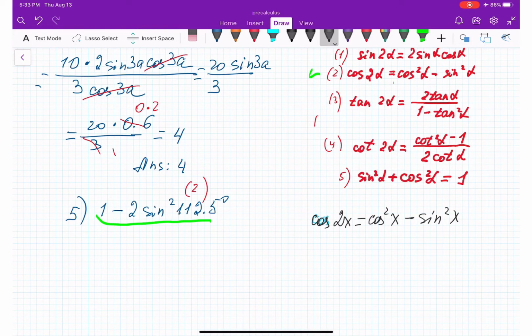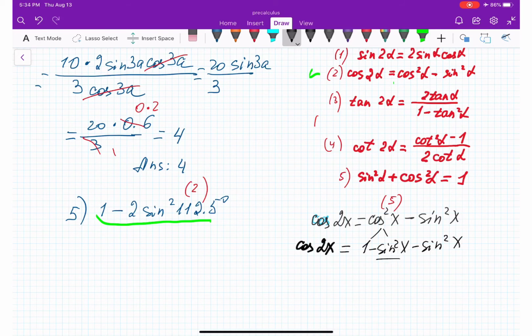Okay, so cosine squared x, I apply here formula number 5 for cosine squared x, which is going to equal 1 minus sine squared x, right here, from formula 5, and minus sine squared x, right?